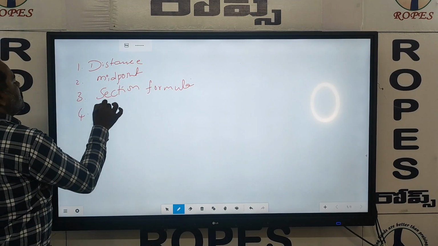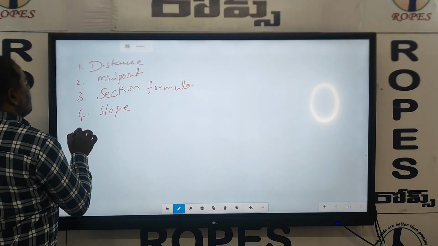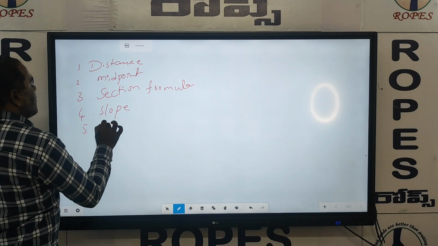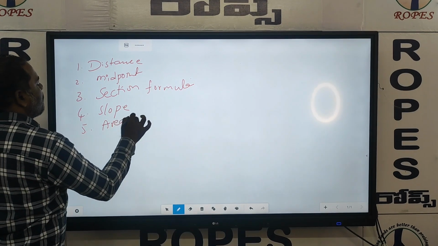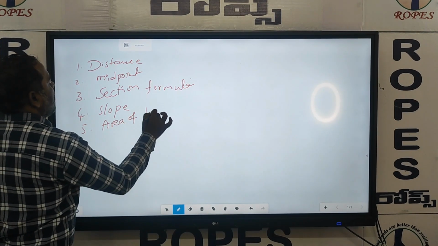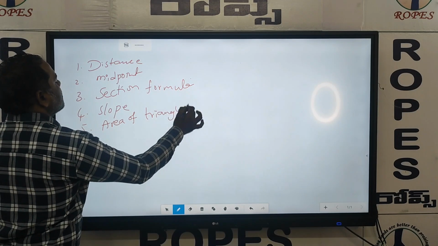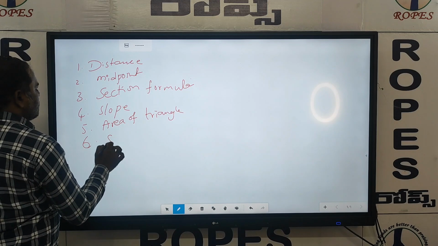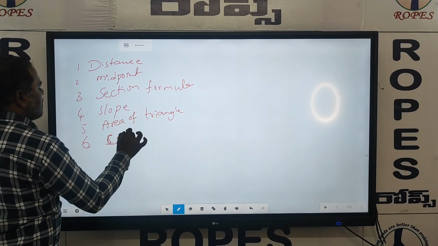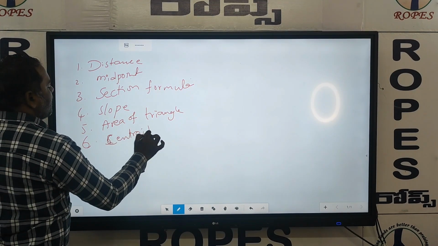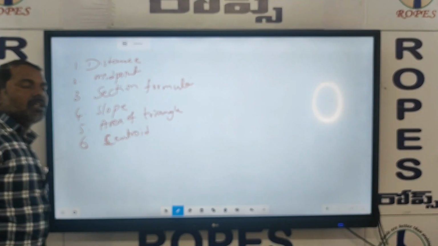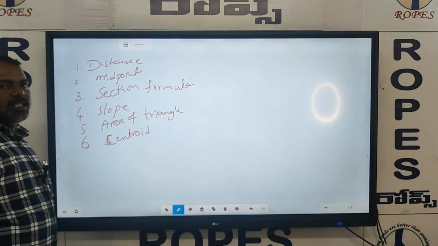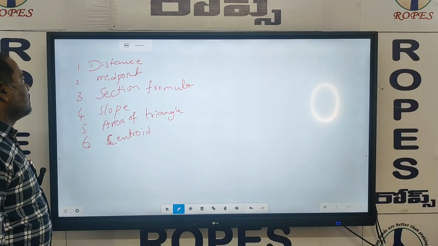The fourth one is slope, the fifth one is area of triangle, and the sixth one is the centroid formula. Mainly we are using these 6 formulas in this chapter.